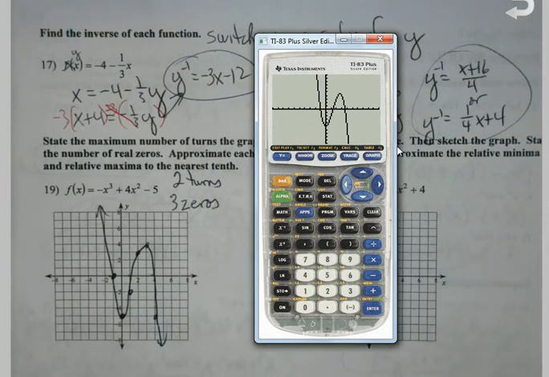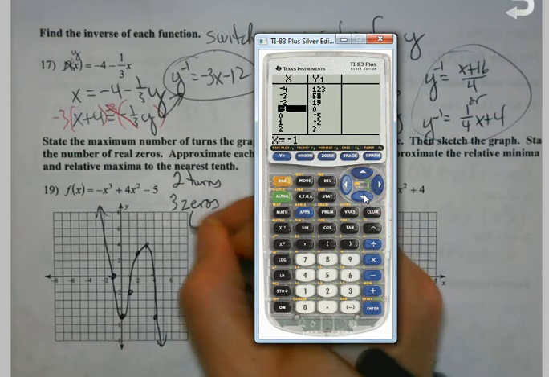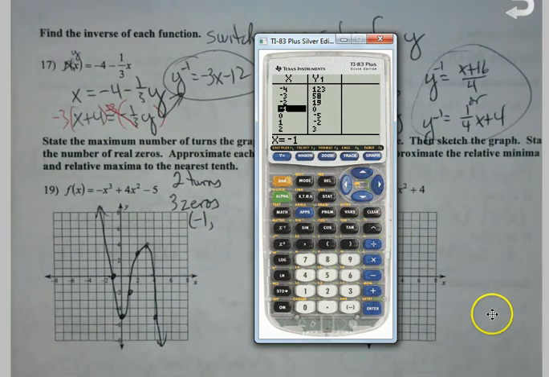Notice it didn't ask me to, oh, it does ask me to approximate them. I was about ready to be bad. Now remember, always look to see if you can swipe a couple. And I notice right here, I can get one here. One of my zeros is at -1, but the other ones I'm going to need to find in another manner.